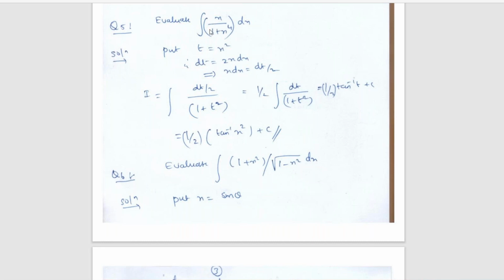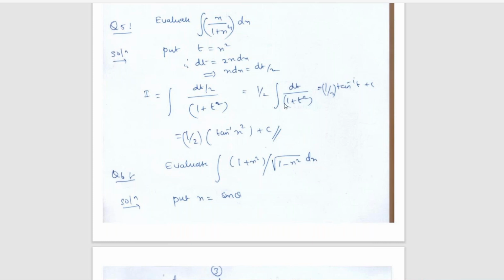Therefore, the given integral becomes integral of dt by 2 over 1 plus x to the power 4. Since x square is t, x to the power 4 is t square, so 1 plus t square. Here 1 by 2 is a constant, take it outside. So 1 by 2 integral dt by 1 plus t square.